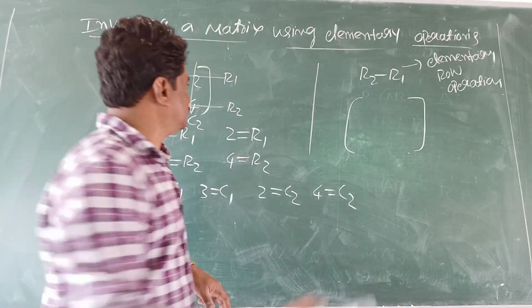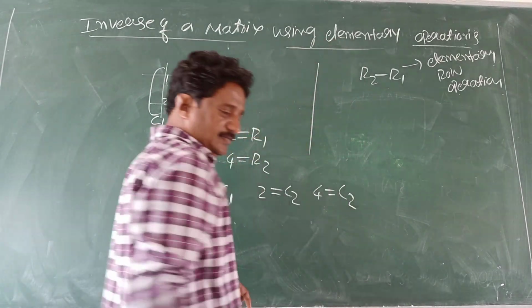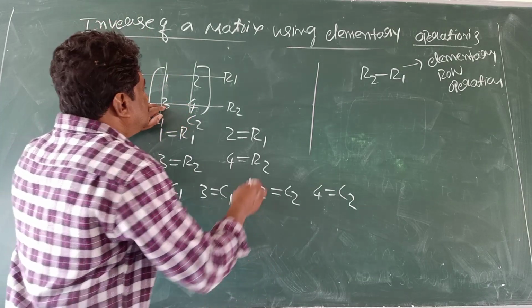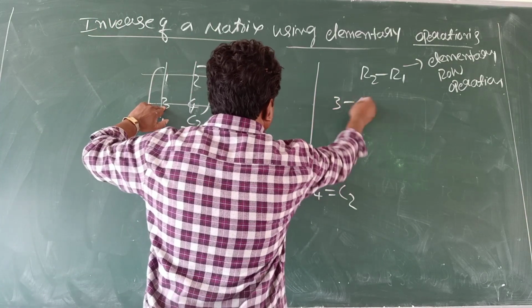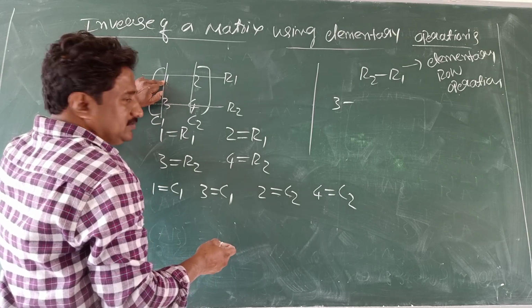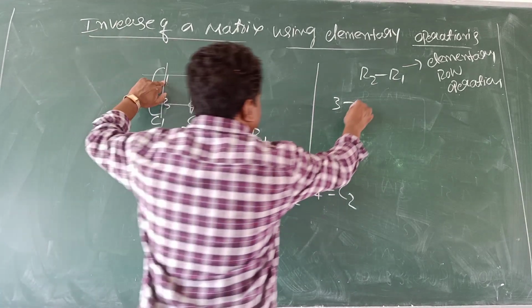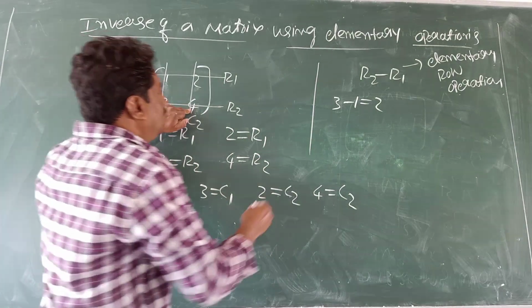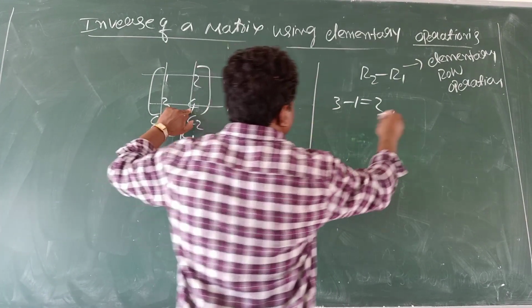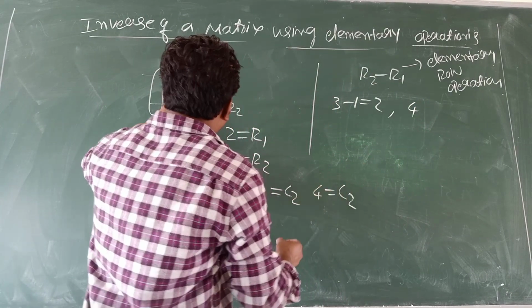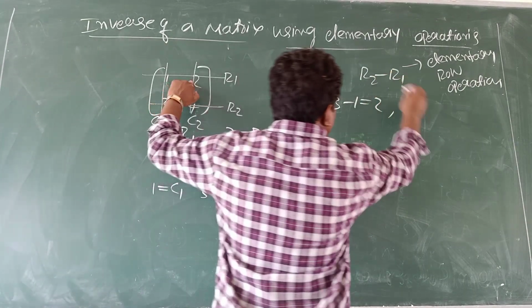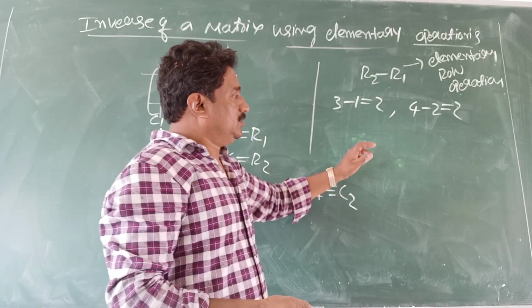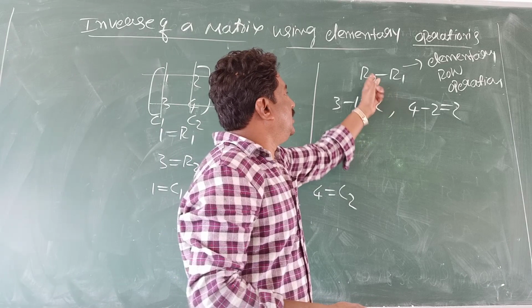So easy. Here R2 is 3 minus R1, which is 1: 3 minus 1 is 2. Again, here R2 is 4 and R1 is 2: 4 minus 2 is 2. This is how we find R2 minus R1.